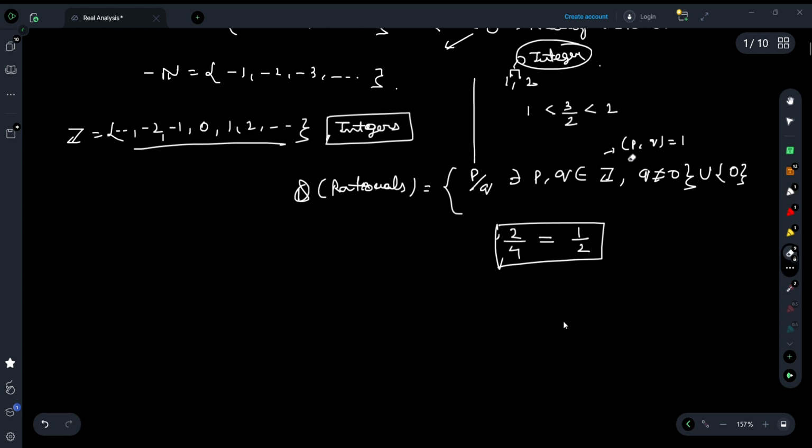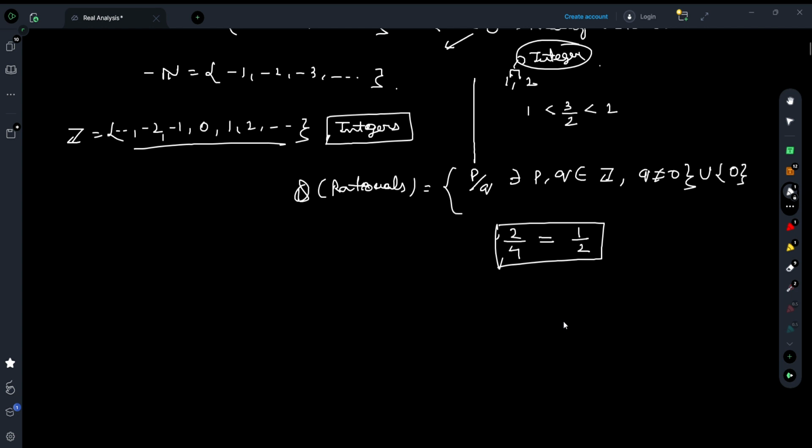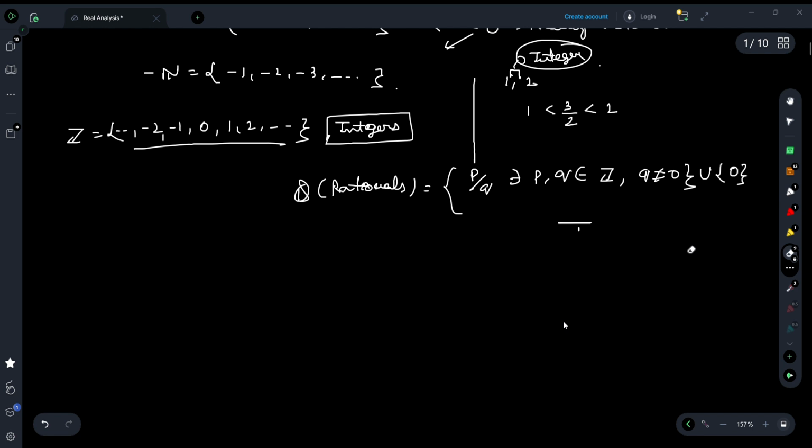If you omit this condition, that p and q are co-prime, then you will include all the possible representations of every number. That is also okay to consider for now, so that we can visualize a broader field of numbers.